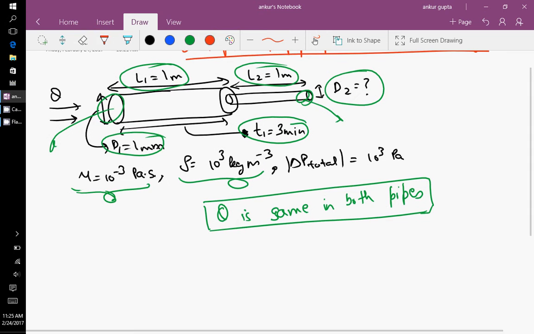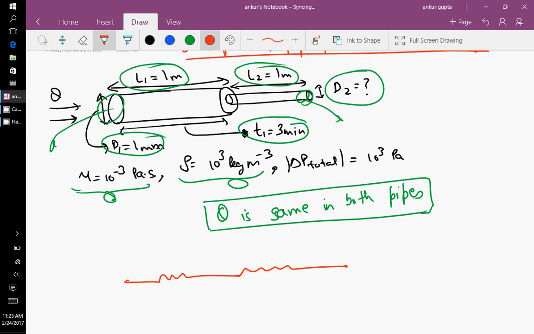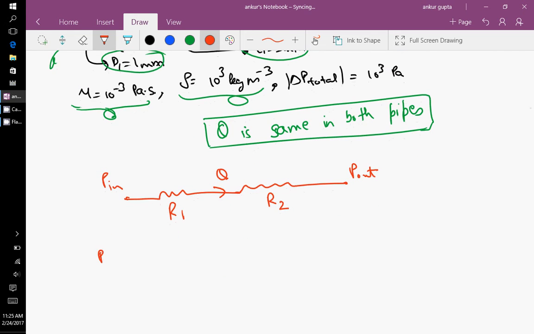And this is again something we have discussed in the previous video. We can write that there is an inlet pressure, where pressure is analogous to potential or voltage, and an outlet pressure, and current is analogous to flow rate. Then pipes can be written in terms of resistances, where resistance R1 is 128 mu L1 by pi D1 raised to the power of 4, and resistance R2 is 128 mu L2 by pi D2 raised to the power of 4.